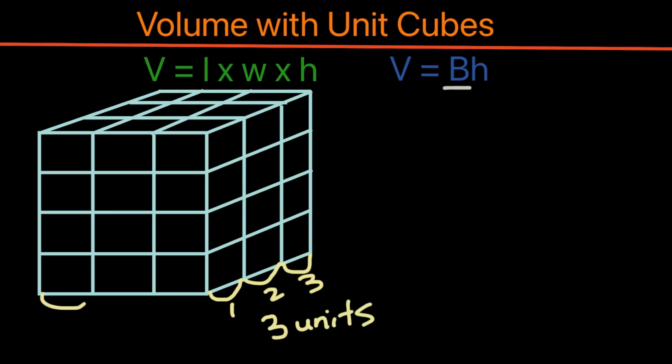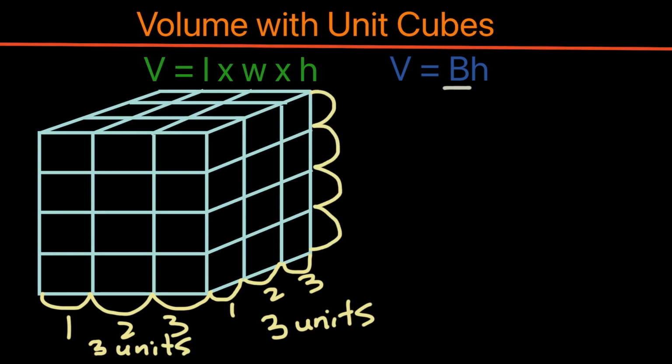And for the length, we have 1, 2, 3. So it's also 3 units. And for the height, we have 1, 2, 3, 4. So the height is 4 units.